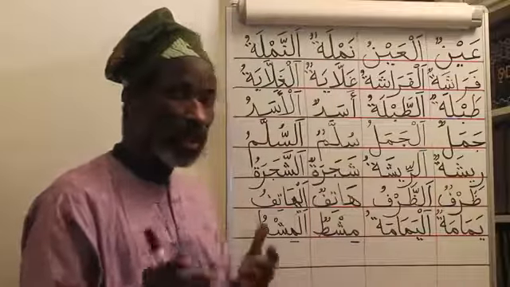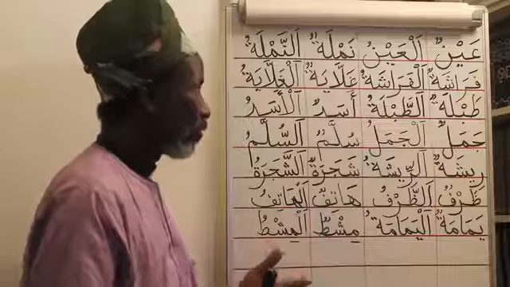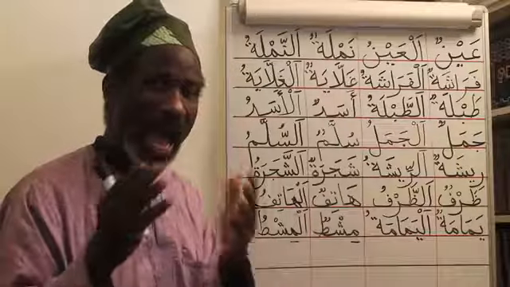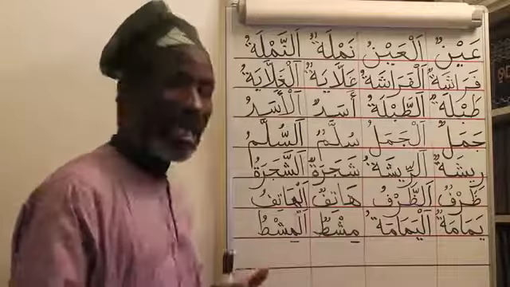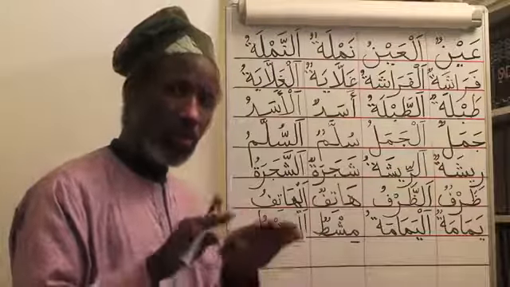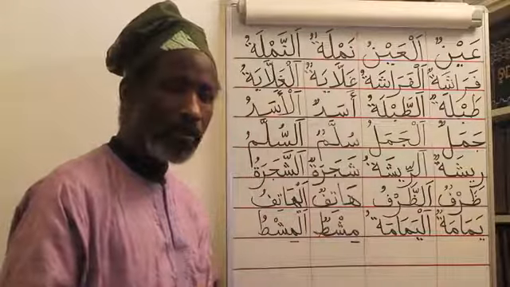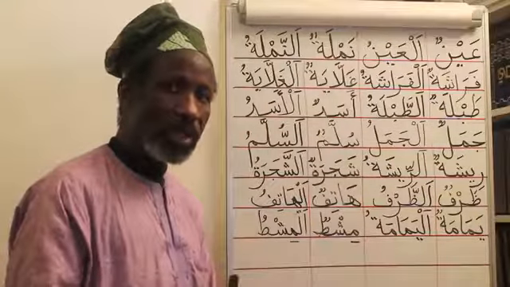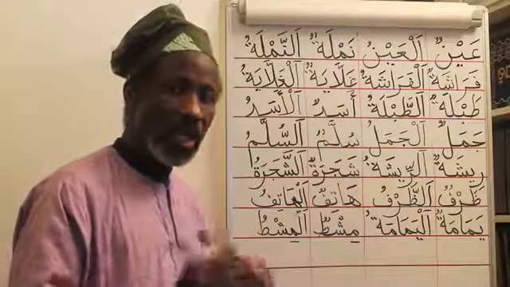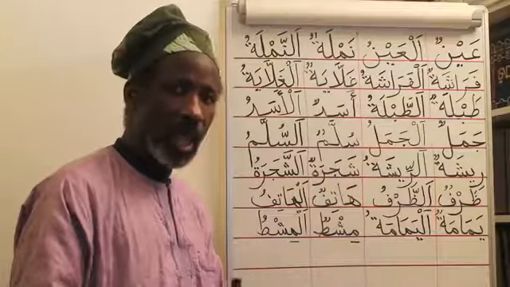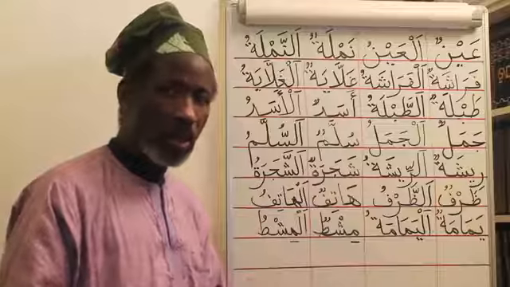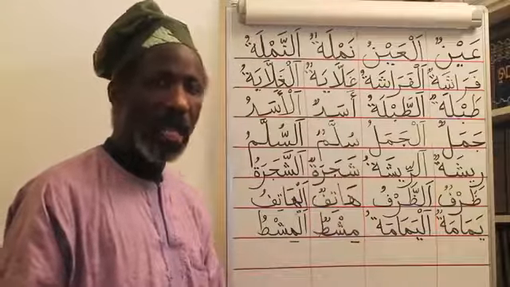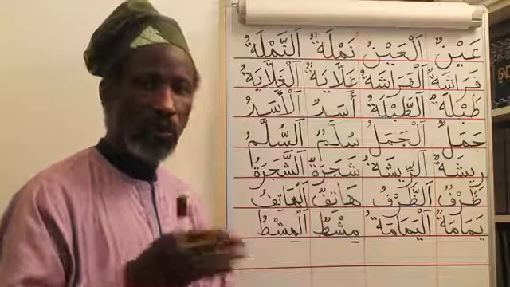Well done. So the principle of a moon letter with the "Al" of "the" is that you retain the sukun on the lam. Whereas if any of the sun letters comes after the "Al" of "the", you put a shadda on that sun letter and then you remove the sukun from the lam.